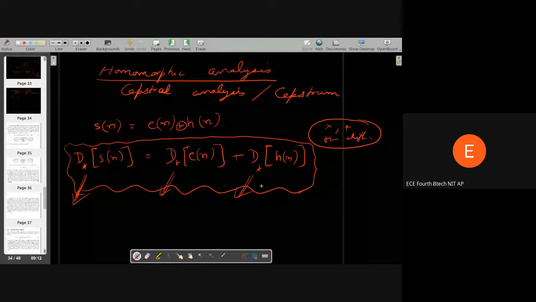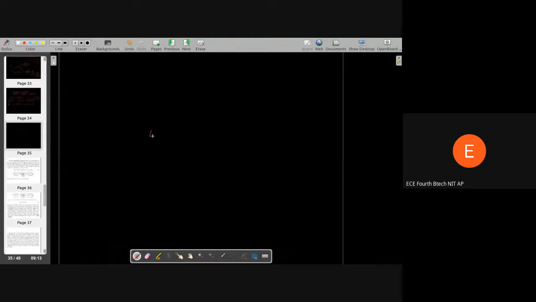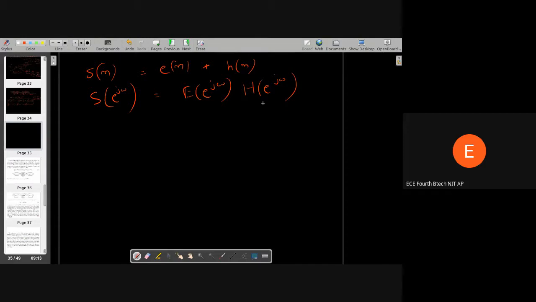So in speech, now let's see what happens. Here we have s[n] = e[n] * h[n]. So S(e^{jω}) = E(e^{jω}) H(e^{jω}). So in the frequency domain it is multiplication, which is a bit better than convolution.